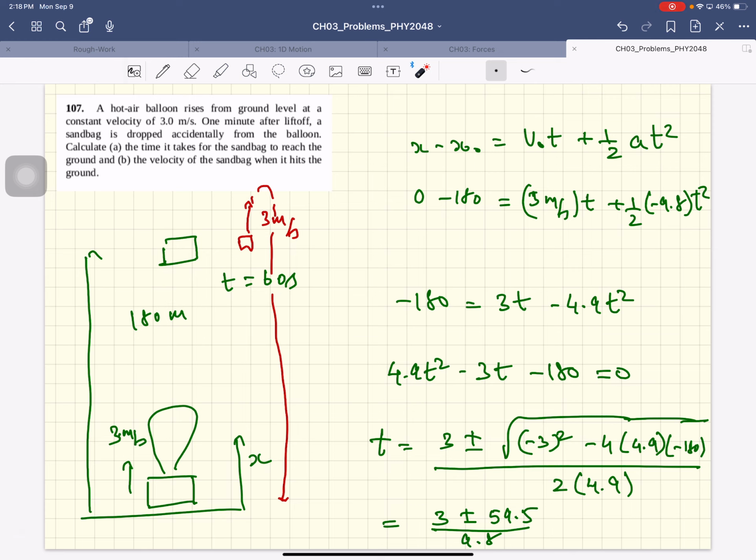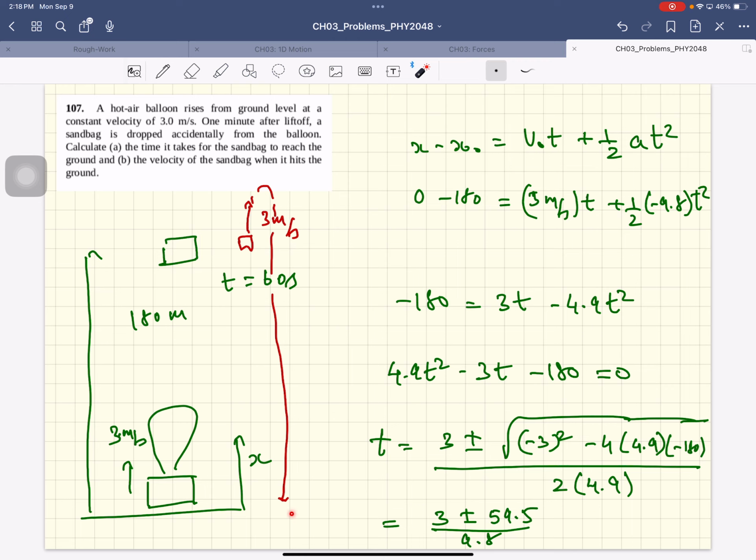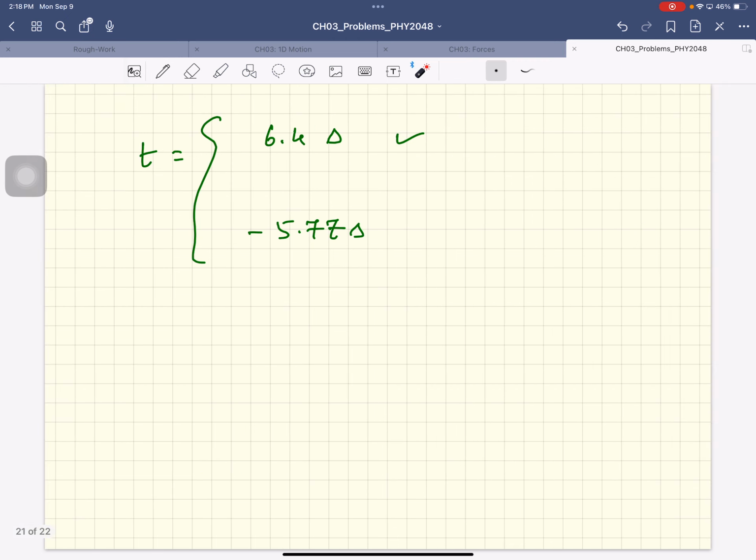And then it takes 6.4 seconds to land on the ground. That's what the negative solution is. Could you assume that it took 5.7 seconds to get up to that point? Yeah, that's what that is. If you throw the sandbag at an appropriate velocity, that's what that solution is.